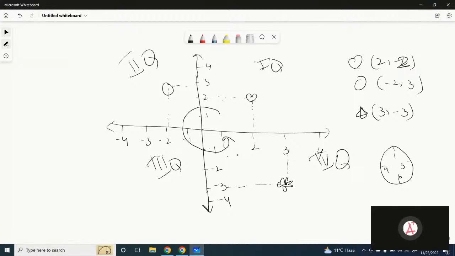The clock moves like this, from here in this direction, isn't it? So counterclockwise means opposite to clock. That movement is always opposite to clock. So yes, it is a square. Got it?